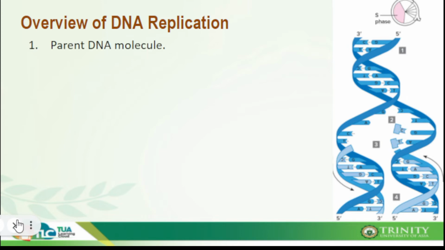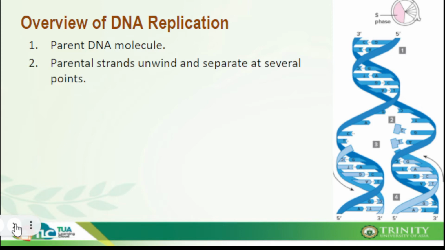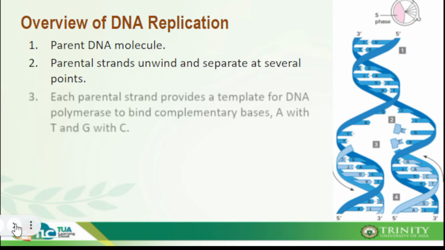First, we start with the parent DNA molecule. So, we will choose what DNA we want to duplicate. And then the parental strand will unwind and will separate at several points. Each parental strand will then provide a template. So, one parent single-stranded DNA will be a template, and the other one as well will be a template for the new DNA strand that we will produce.